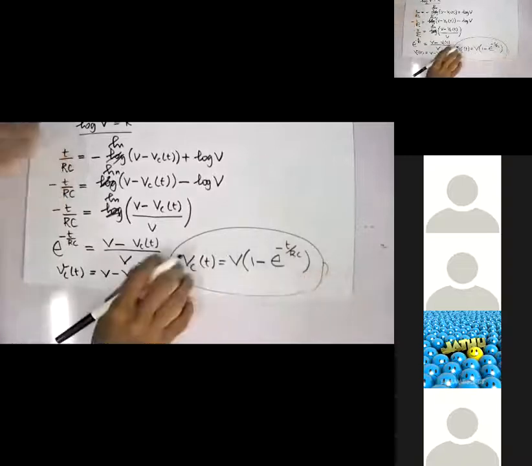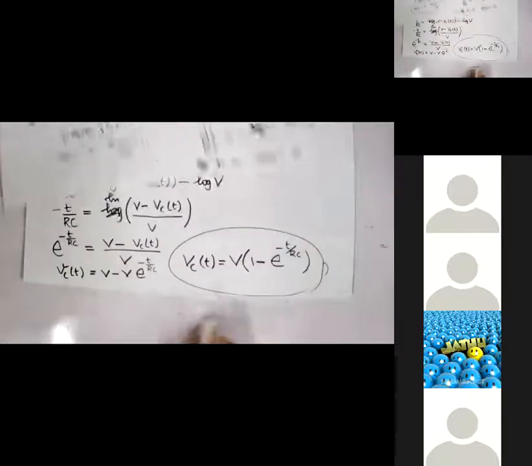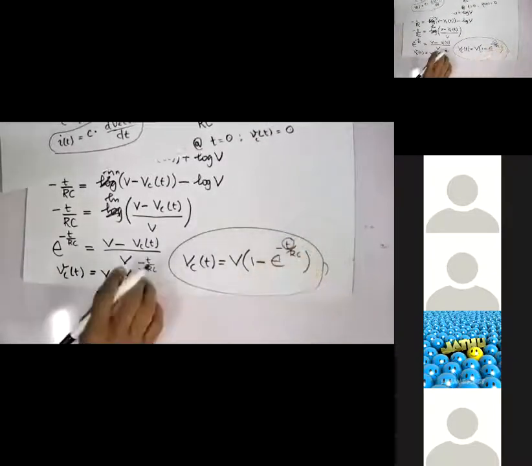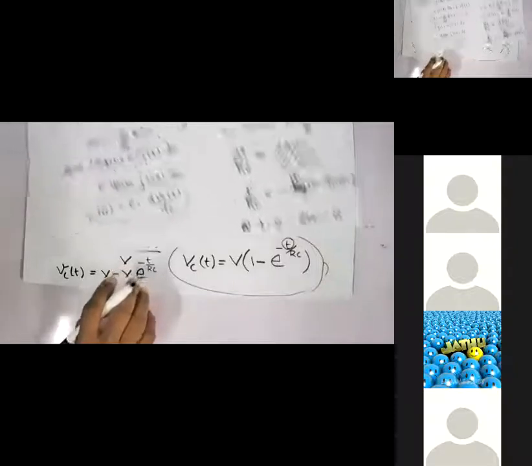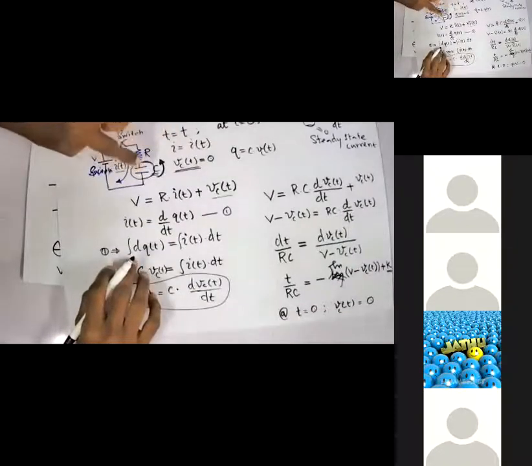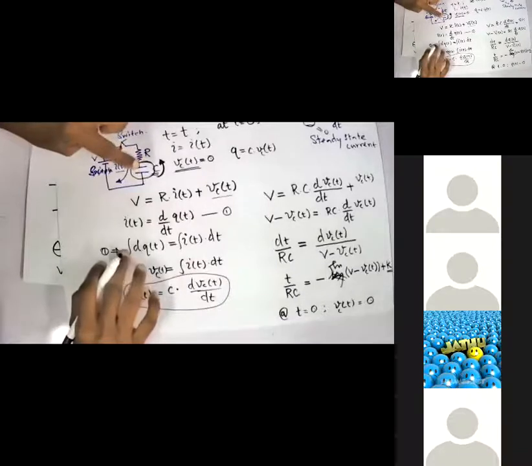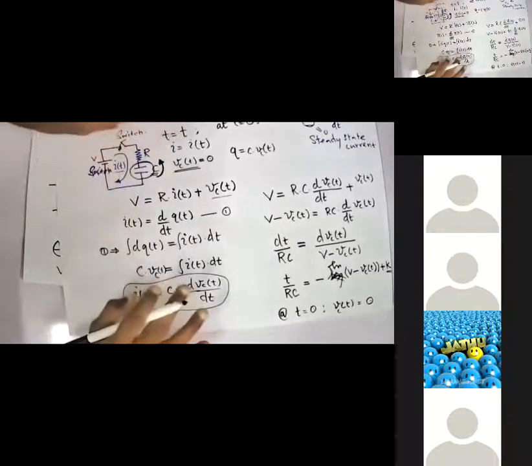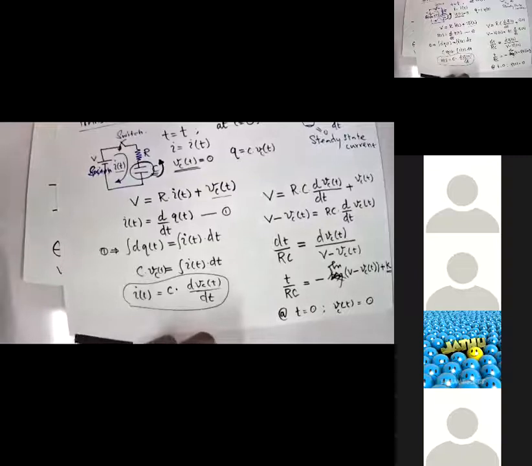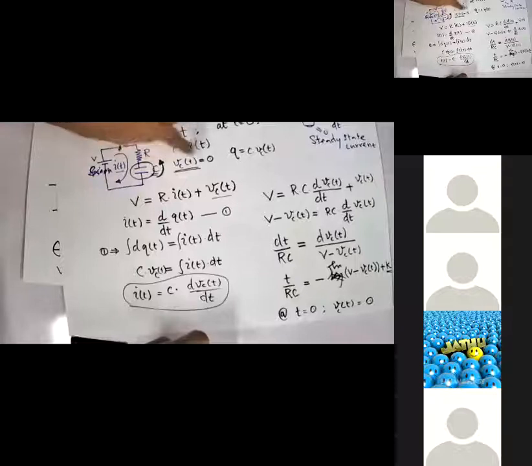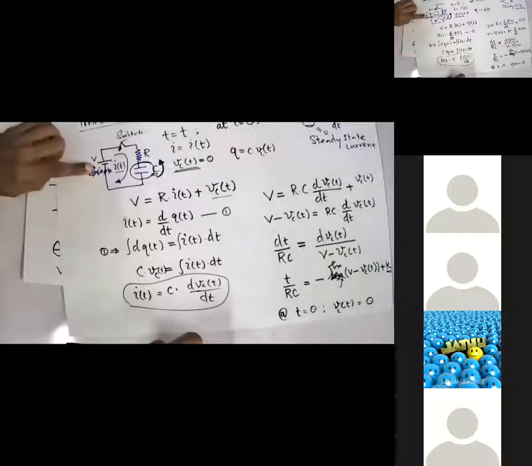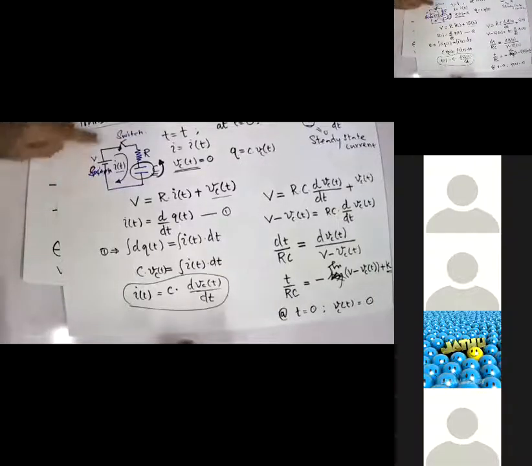Clear, right? So this is the equation for the voltage developed across the capacitor at a time t. Which means you are connecting the capacitor to the circuit without any charge. So VC of t, the initial voltage across the capacitor, is 0, and then it is connected to a battery, which is a DC voltage source with a switch.